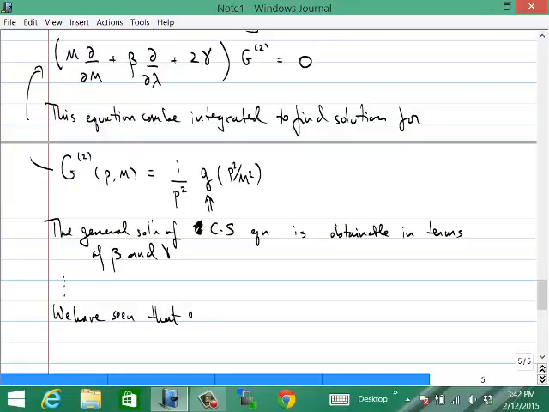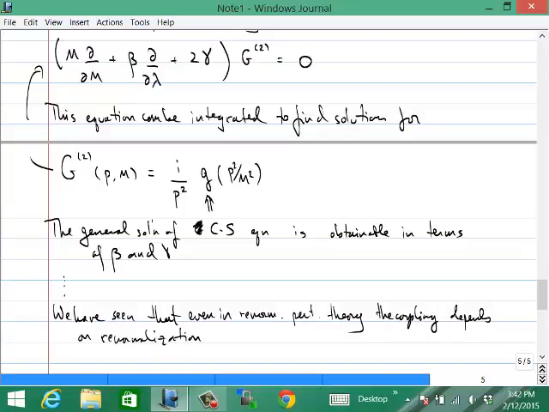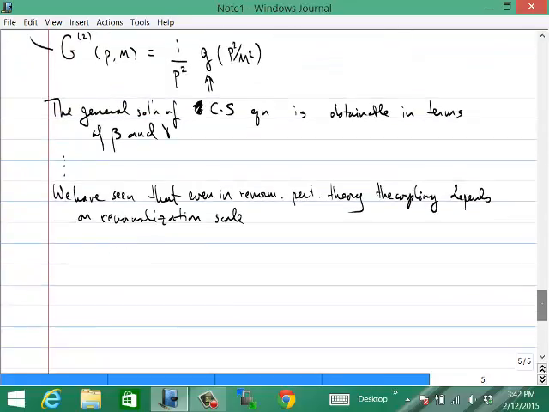And we have seen that even in renormalized perturbation theory, we still have a coupling that depends on scale, via an equation, d lambda by d log of scale is equal to beta of lambda.